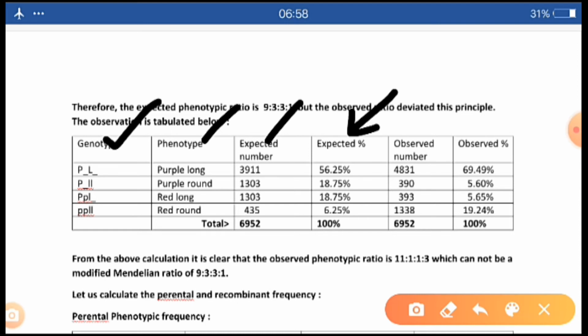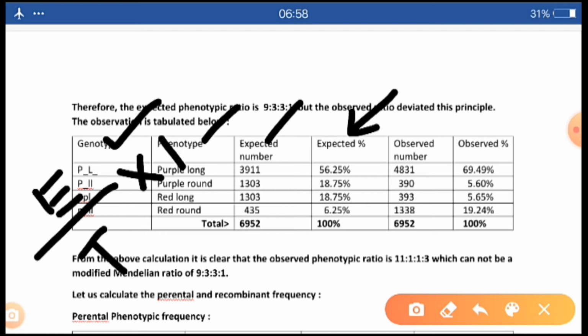What is the formula to calculate percentile? Expected number divided by total number of plants into 16. Since it is a dihybrid cross, then you will get the percentile.